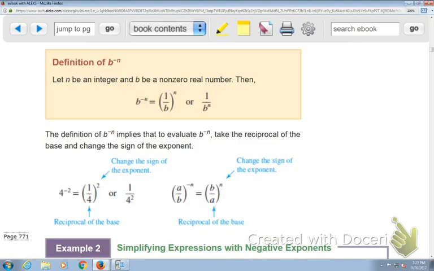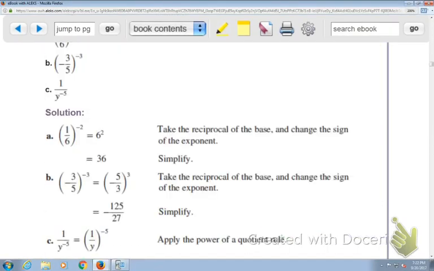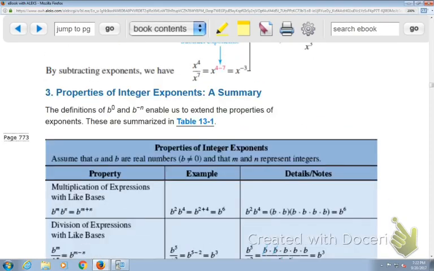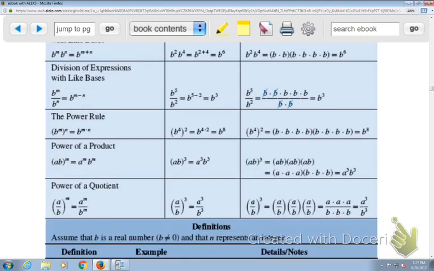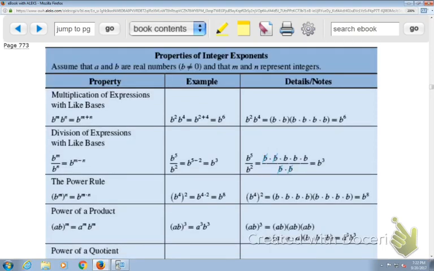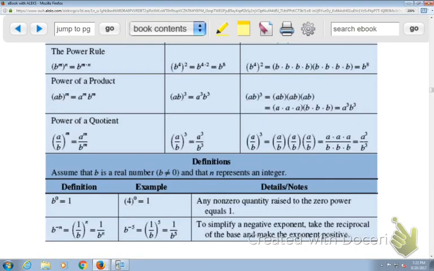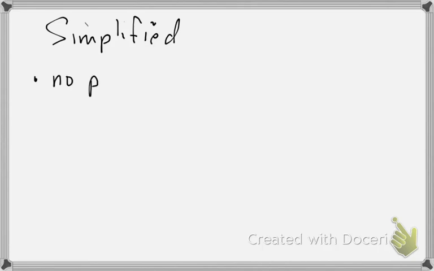On page 795, they actually give you a nice summary of all of the rules that we have just reviewed briefly. All right, so you have a nice summary there. What do we mean when we say an expression has been simplified when we talk about its exponents then? We mean no parentheses, right?